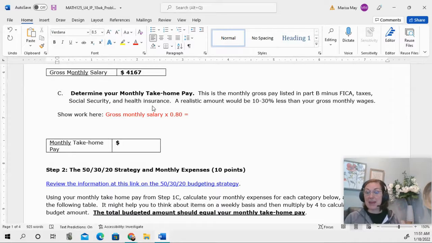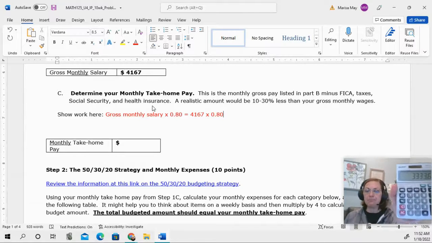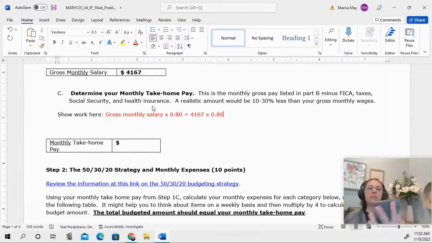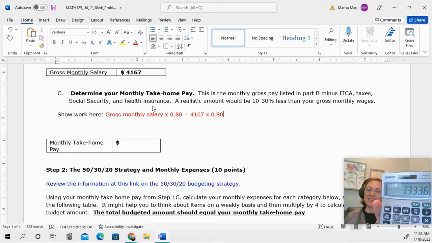Here's what that's going to look like. Remember my gross monthly pay? $4,167 times my 80%. Going back to that trusty old calculator, I'm going to simply type it in, $4,167 times the 80%, and remember I'm going to round to the nearest dollar.